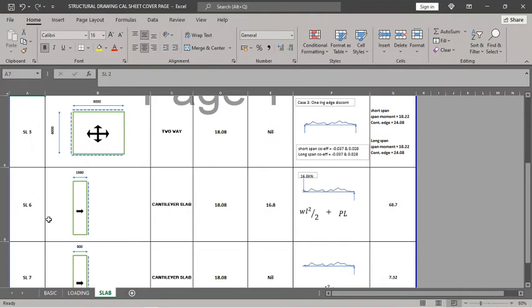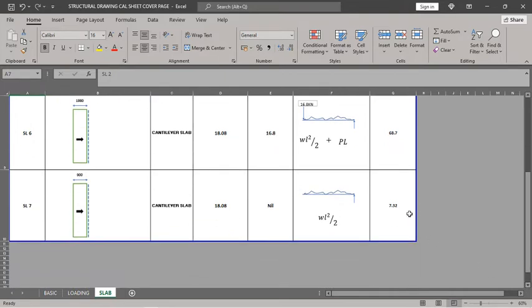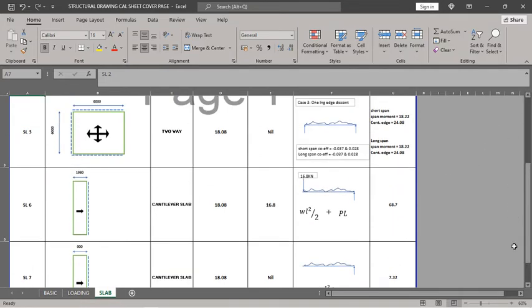For cantilever slab type 6, I also have a point load acting on it, which is what I have done here for clarification. But for type 7, there's no point load acting on it, based on what I've explained before.